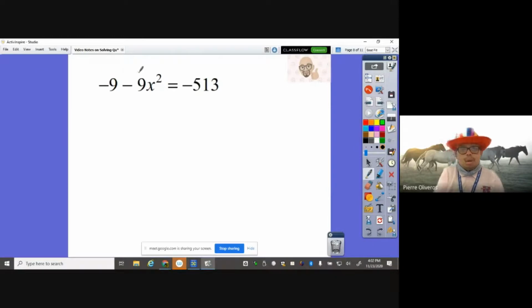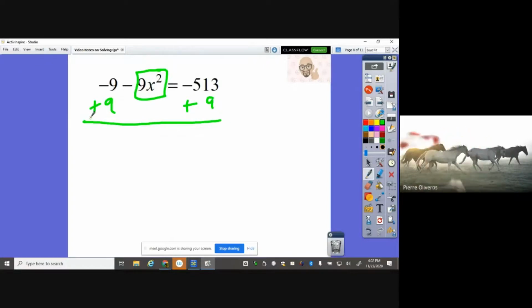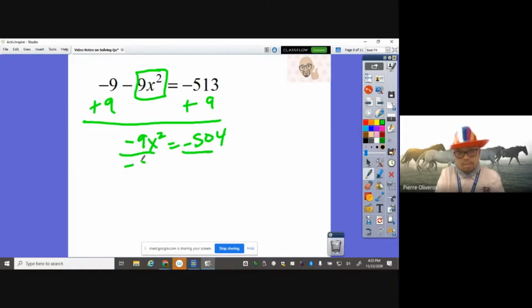Next, we'd like to isolate this one. So add 9 here, add 9 there. So here we're going to end up with negative 9x squared is equal to negative 504. Divide everything here by negative 9, cross it out. x squared is equal to 504 divided by 9, which is 56. Take the square root of that one.